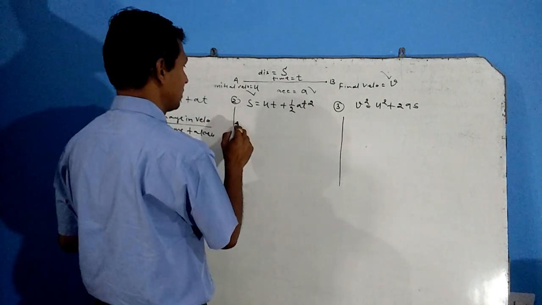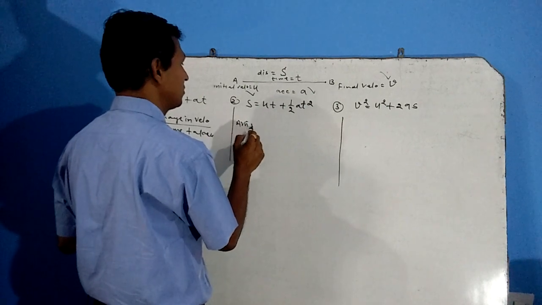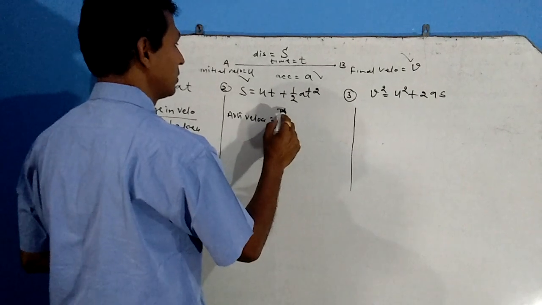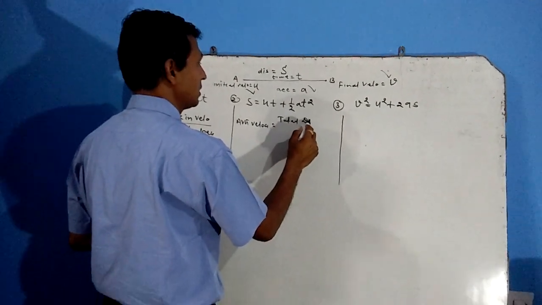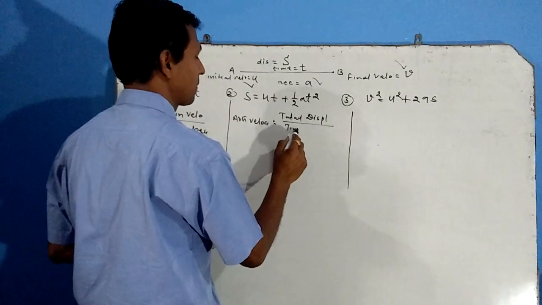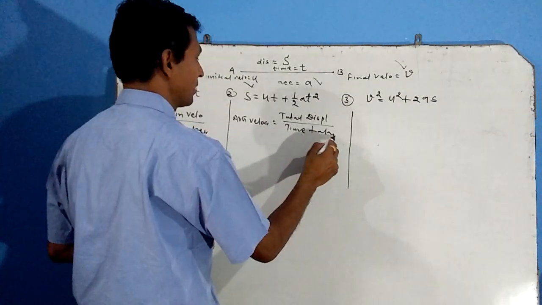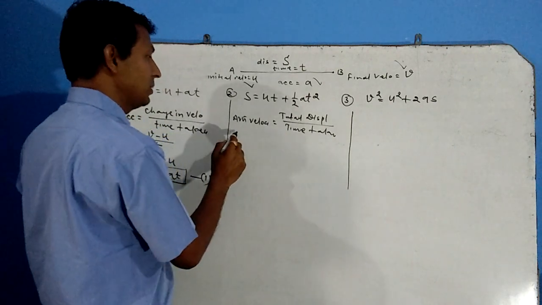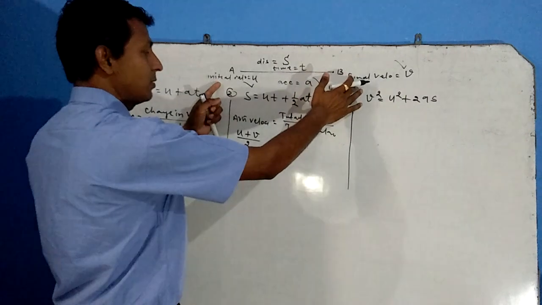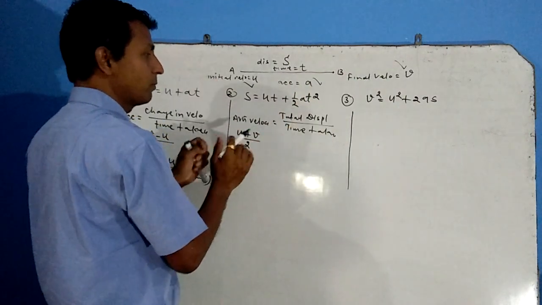So average velocity is equal to total displacement upon time taken. Average velocity can be written as u plus v upon 2, because we have two observations and their average will be u plus v upon 2.